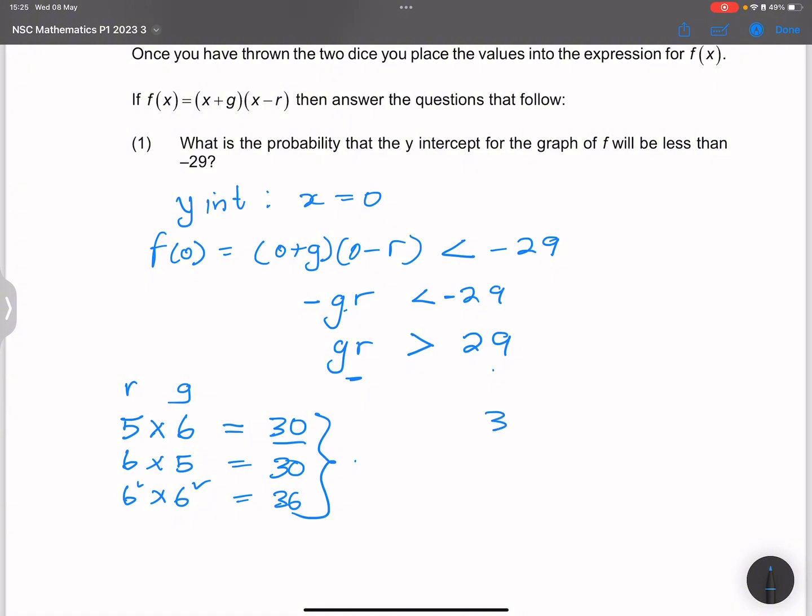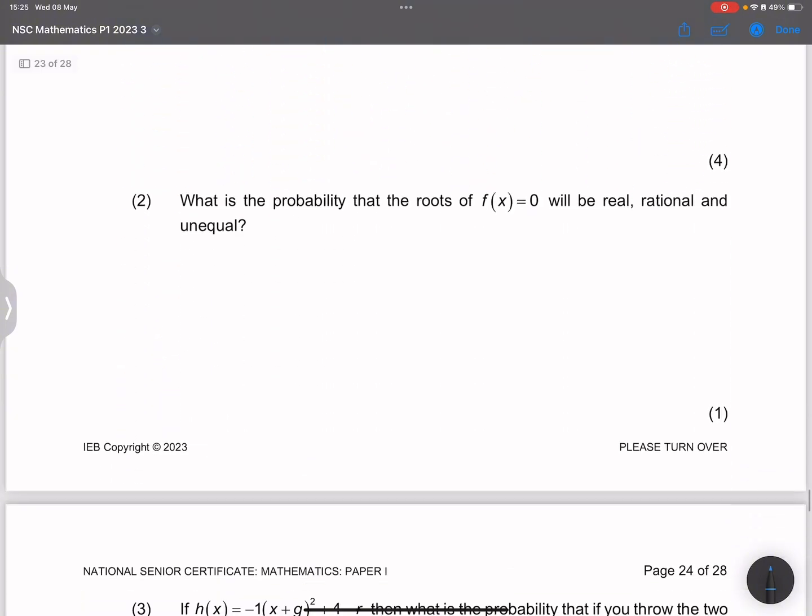So the probability in that case would be 3 possibilities out of 36. And if you want to simplify that, 3 into itself once and into 36 12 times. So that would be 1 over 12. Okay, right. Nothing wrong if you left it as 3 over 36.